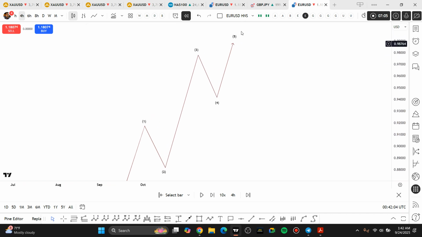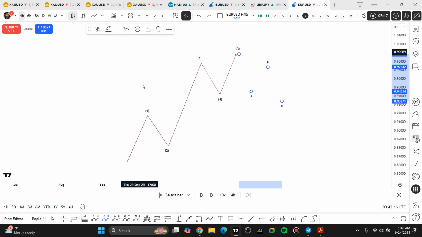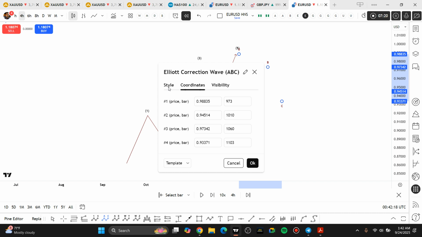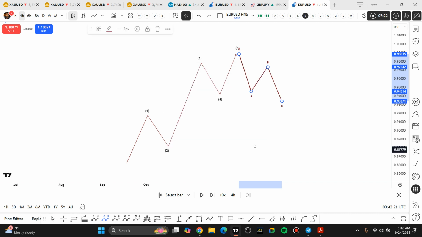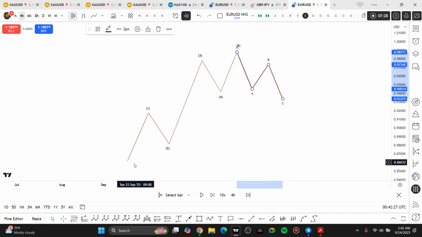After this whole five wave upward, what we expect price to do is correct, giving us wave A, B, and C, right? Let me make it obvious, okay? What price did there is that this A, B, C corrected this five wave upward.